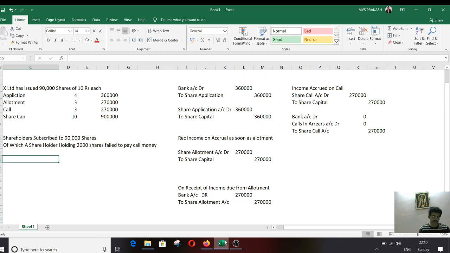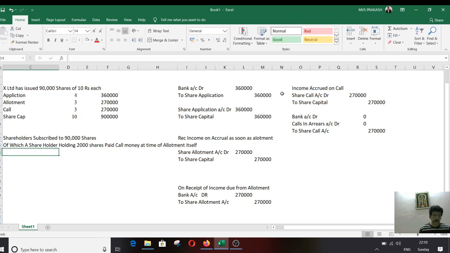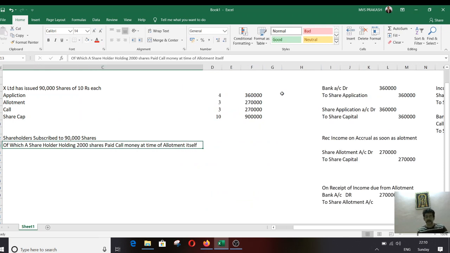So one shareholder holding 2,000 shares paid call money at the time of allotment itself. Then ultimately this scenario will be called calls in advance.